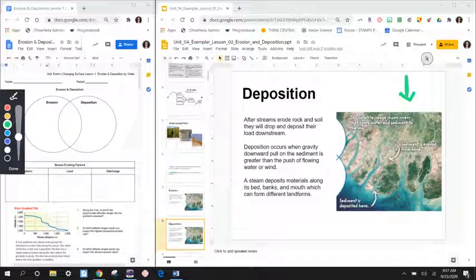When the force of gravity is greater than the force of the flowing stream, materials will be deposited. A stream deposits materials along its bed, which is the bottom of the stream, along its banks, and at its mouth. And the mouth is the area down here at the end. That's the mouth.